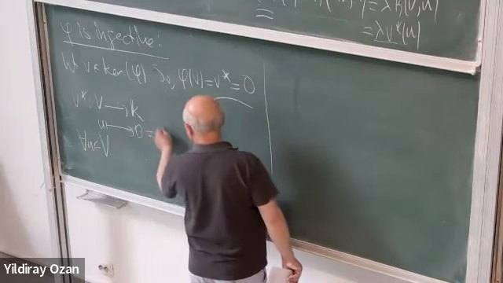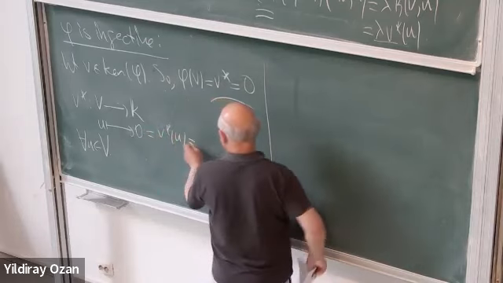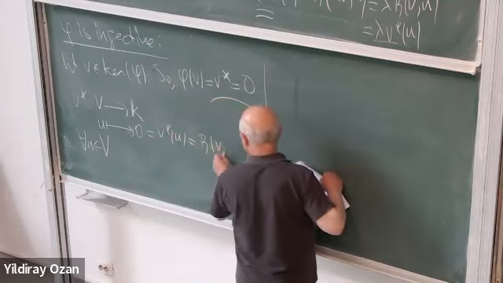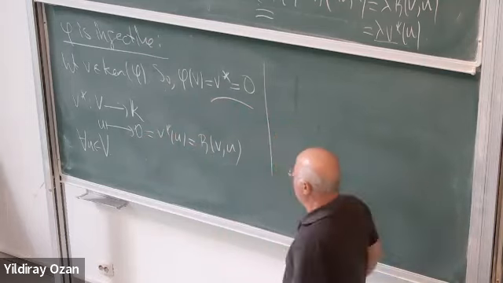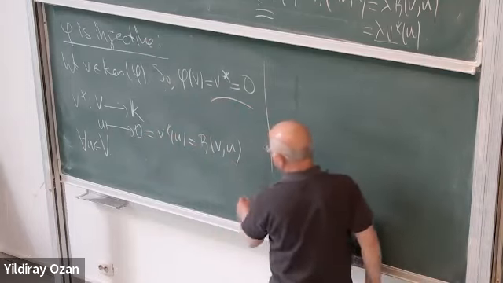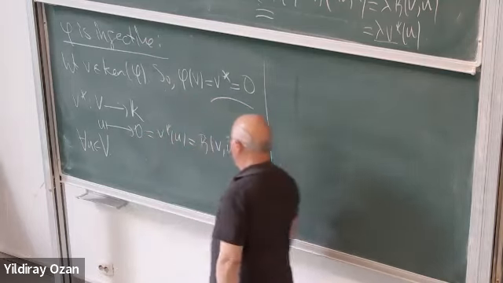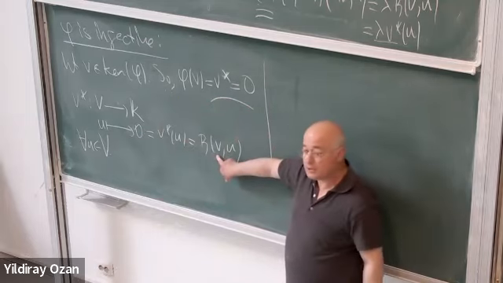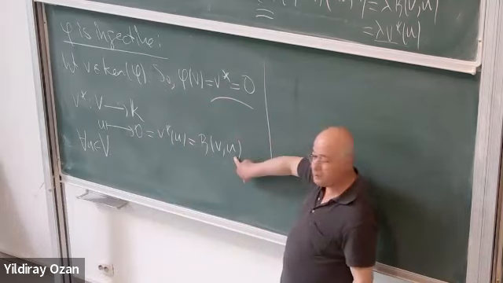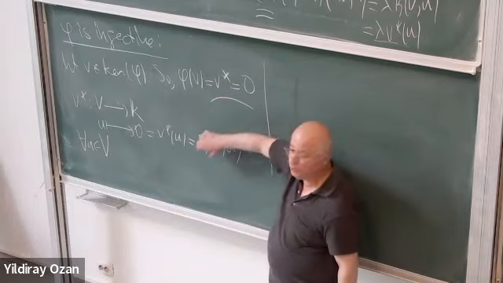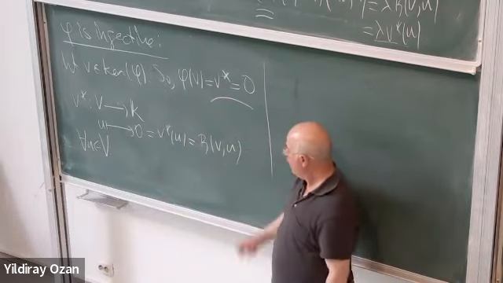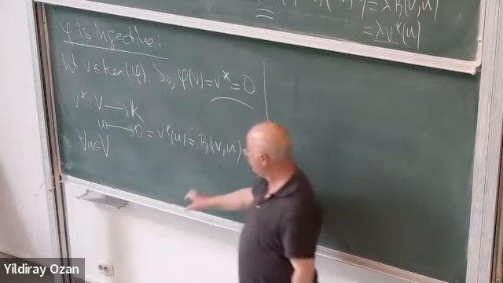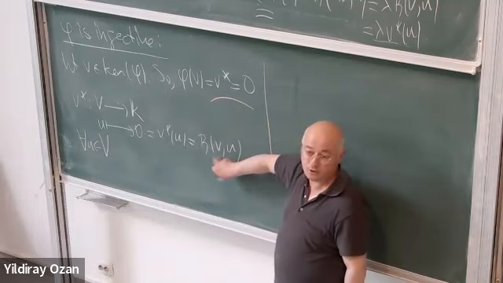So this is just V star of U, but that is just the product of V and U. Now, this is zero for all U. But we know that if V were not zero, then there would be some U so that this thing would be non-zero. However, this is always zero, therefore V has to be zero.